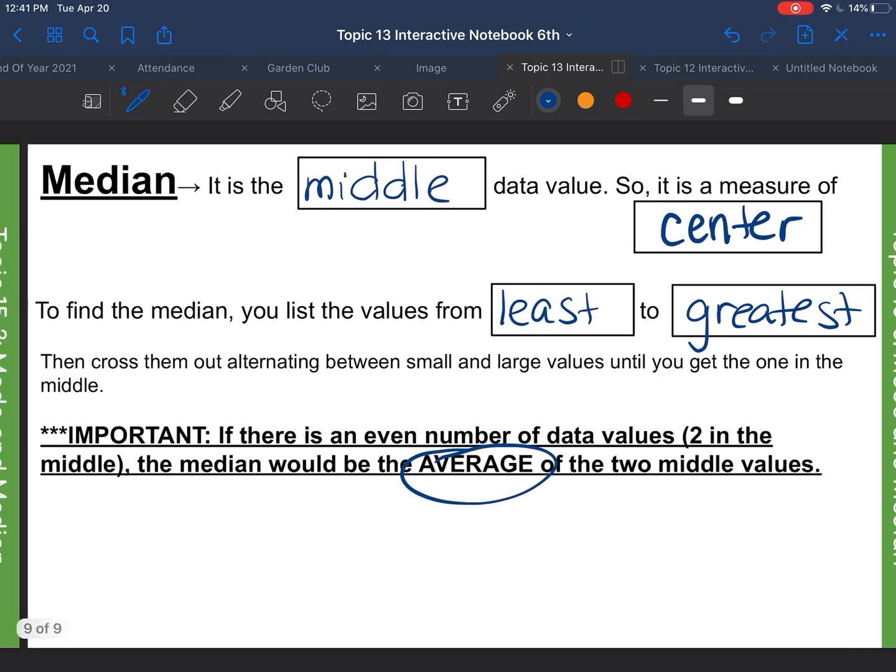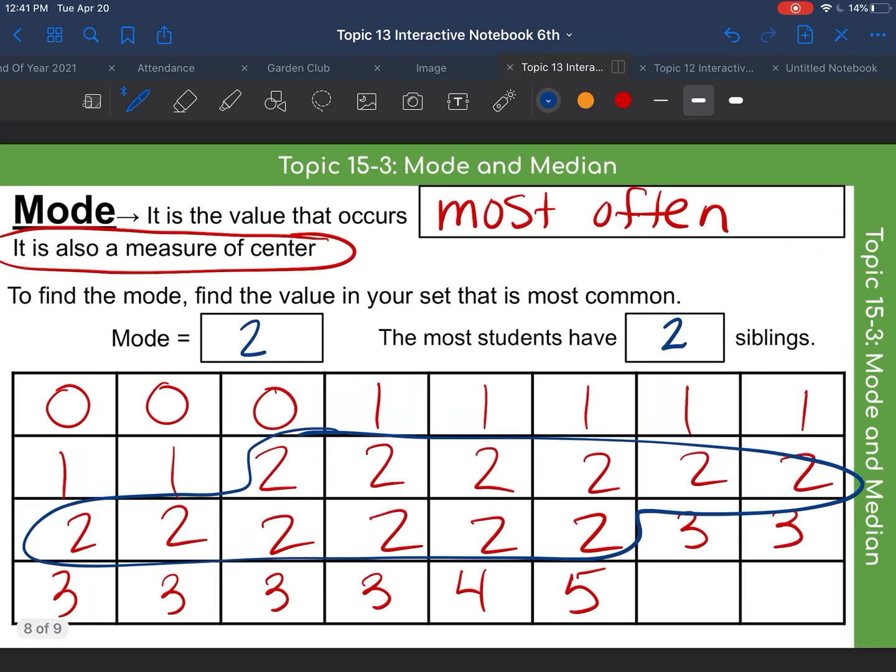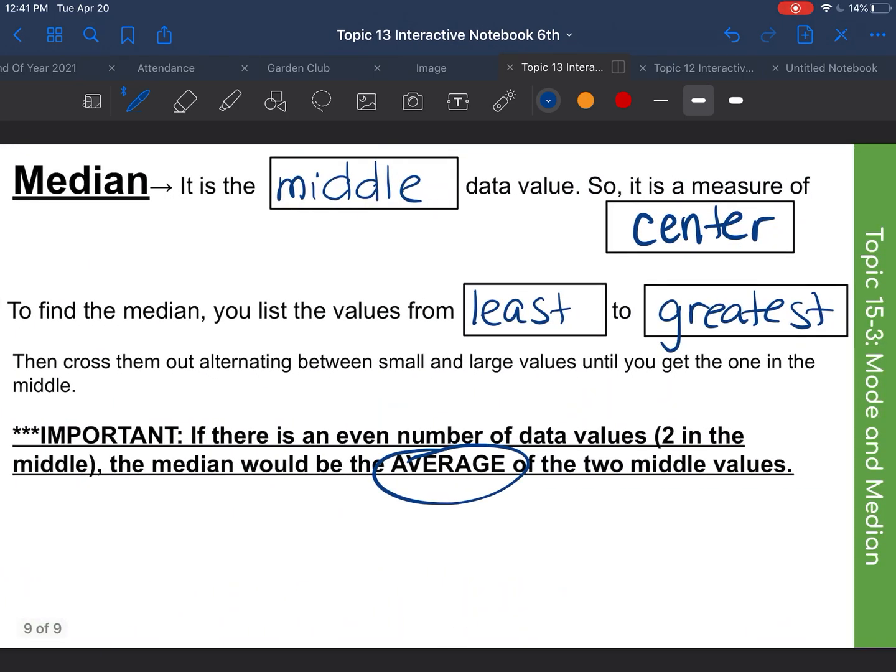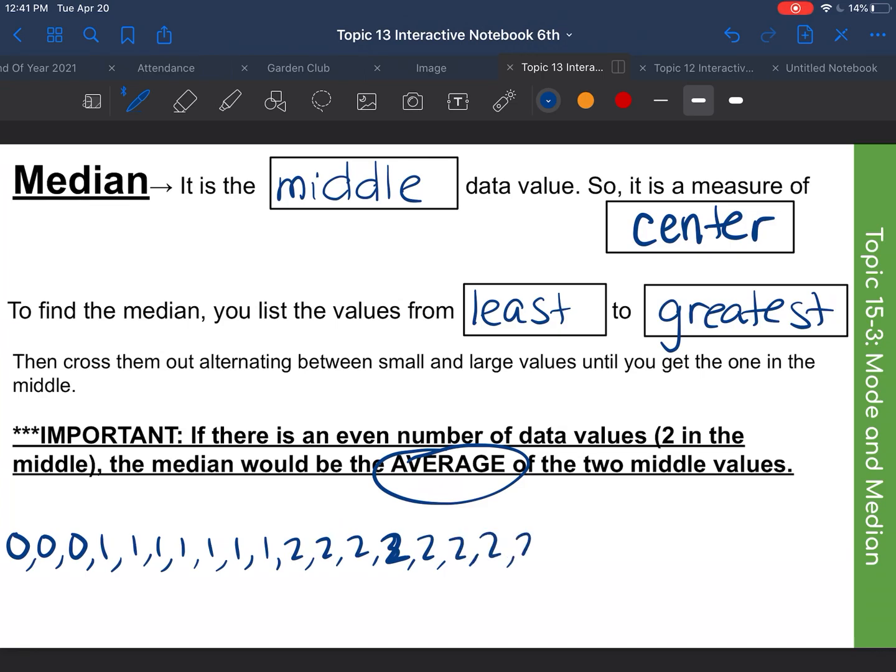So what we're going to do is order them. We have 3 zeros, 7 ones, 12 twos, 6 threes, and then we have a 4 and a 5.